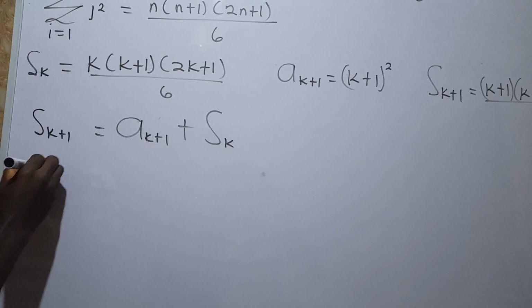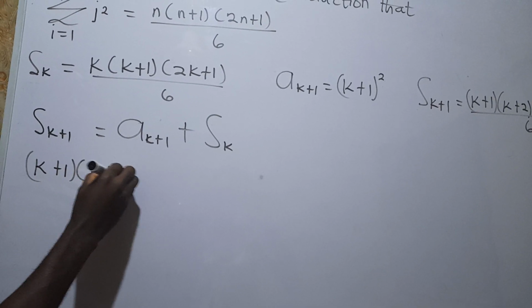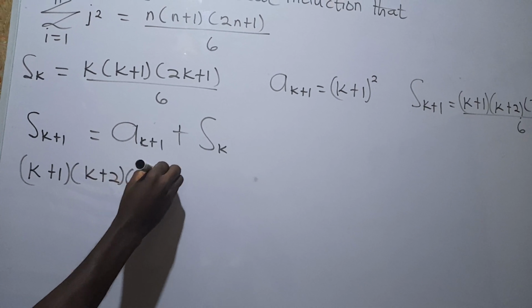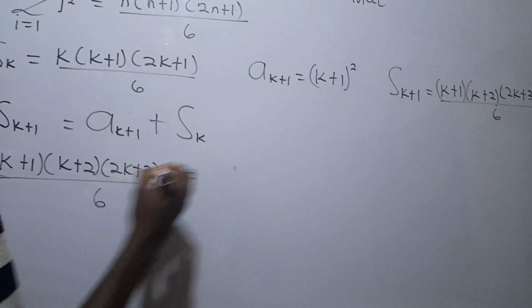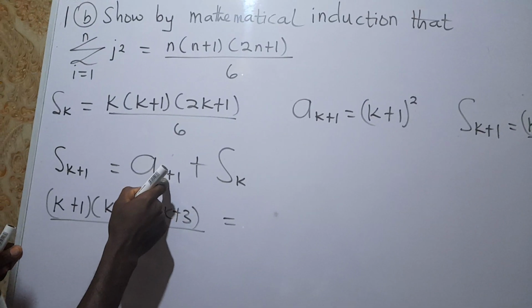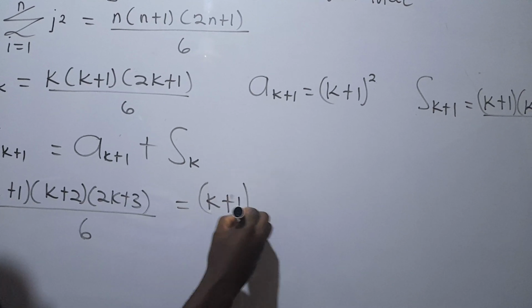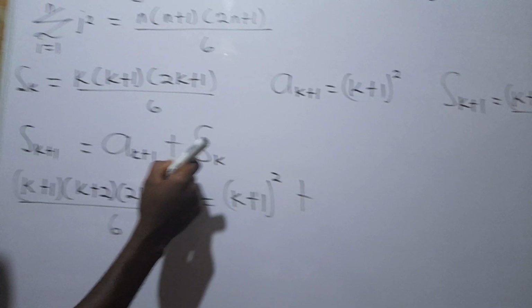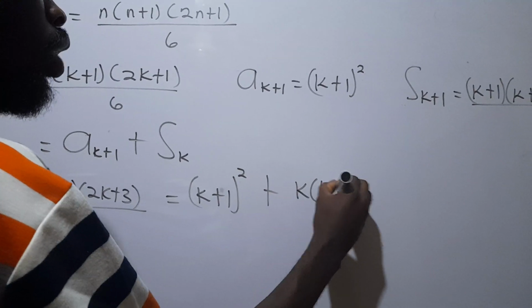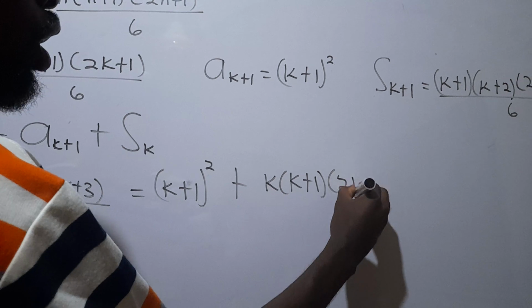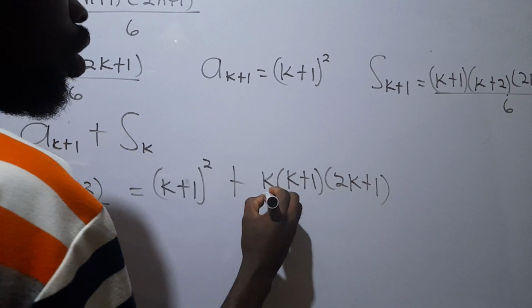This should be equal to our a_(k+1), which is (k plus 1) all squared, plus our s_k, which is k(k plus 1)(2k plus 1) all over 6.